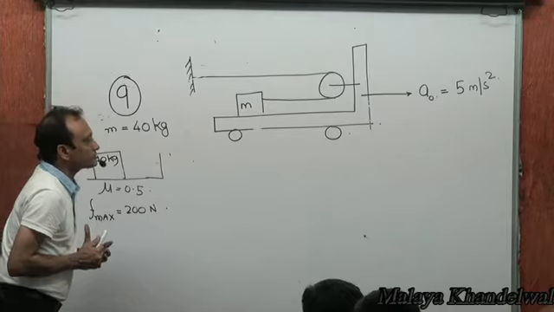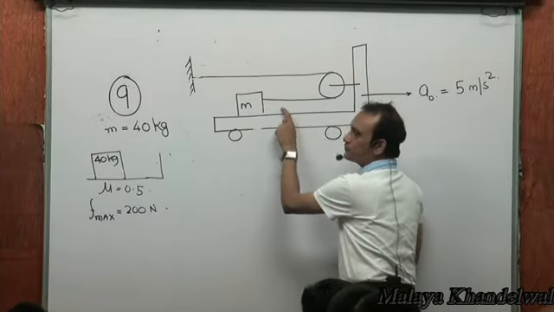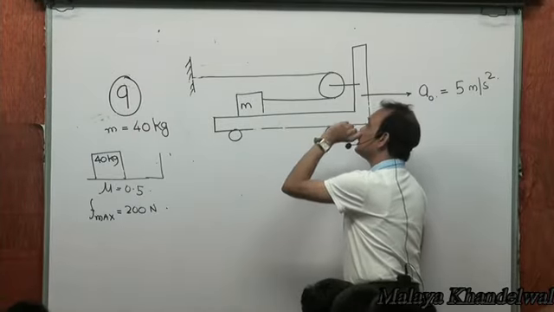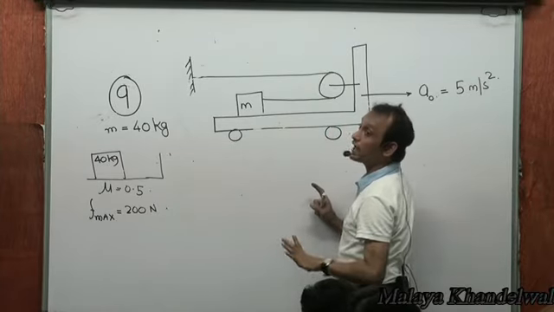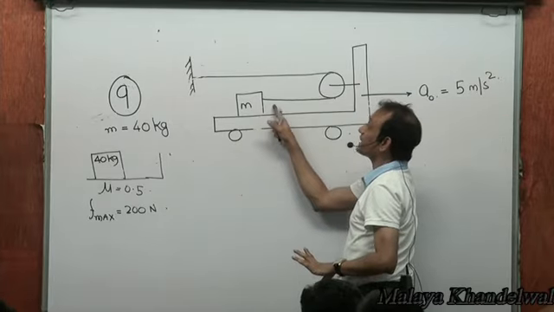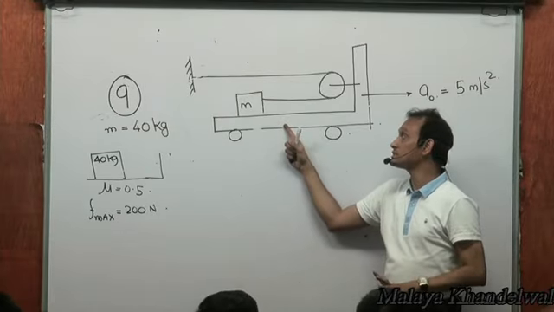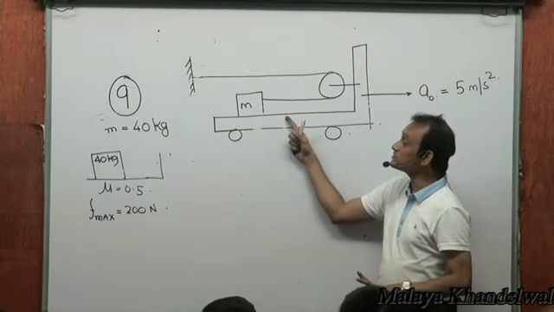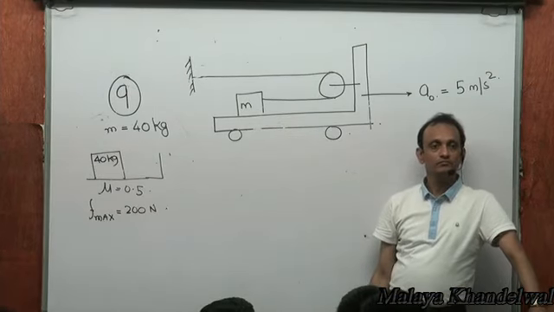In fact, do you realize that small m will move to the right, and friction in that case, if small m has an acceleration to the right with respect to the trolley, then frictional force on small m will act to the left.